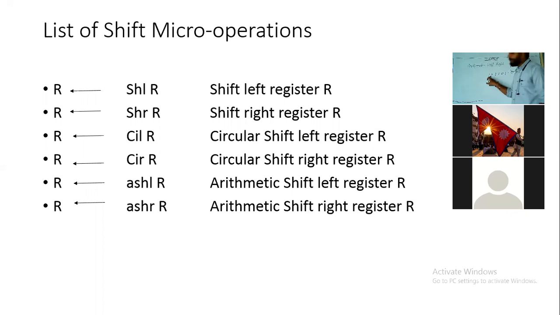The most significant bit, the last bit, is bit number 7. This is the numbering of bits: 0, 1, 2, 3, 4, 5, 6, 7. Suppose it is an 8-bit register and this is our data.